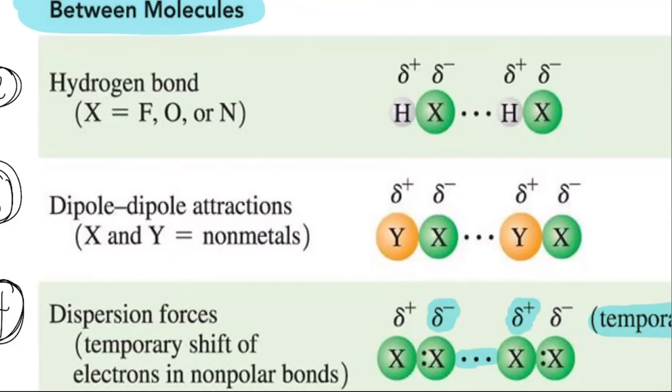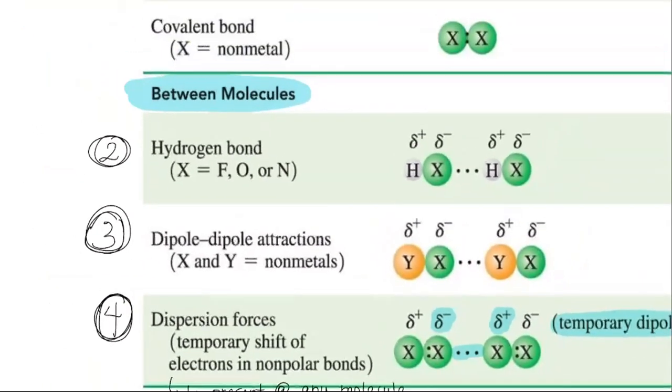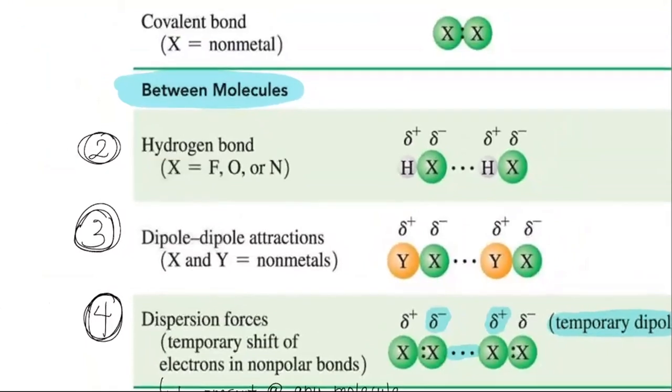So understand that when it comes to a dipole attraction in a particular molecule, I'm going to have, number one, a covalent compound. But similar to dispersion forces, we're going to have those temporary dipoles. But what makes the difference in a dipole attraction is that I have a polar covalent compound.